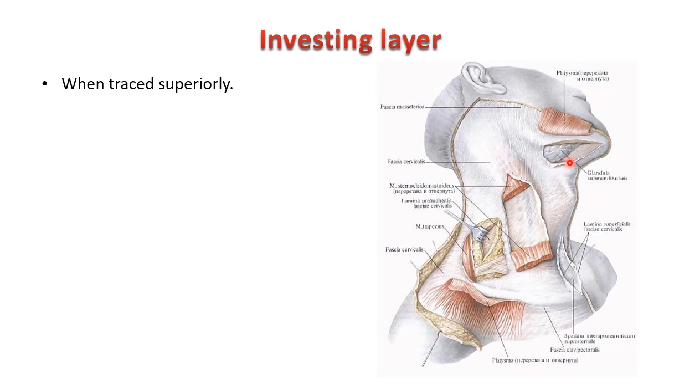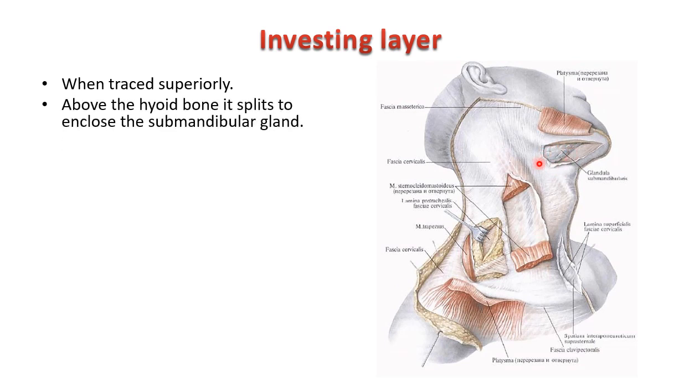But before that, in the region of the submandibular gland, it splits to enclose the gland, so it forms the false capsule. The superficial layer attaches to the mandible, and the deep layer goes deeper to the submandibular gland and attaches to the mylohyoid line of the mandible. Thereby it splits to enclose the submandibular gland.